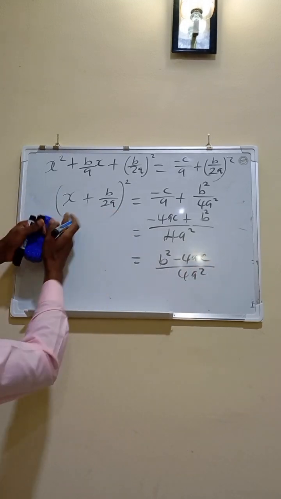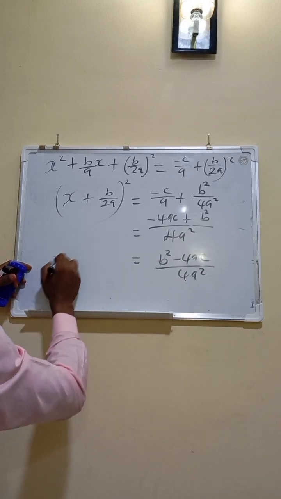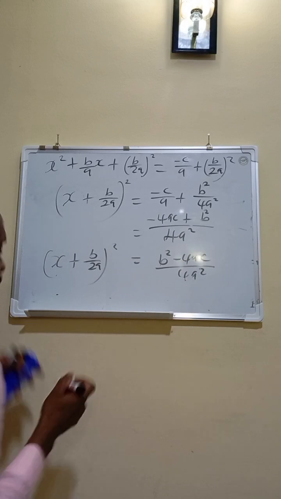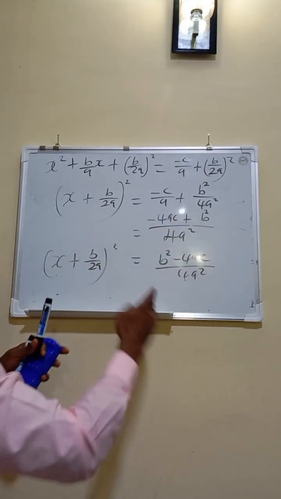Then equate it to what we left in order to expand this. We now have (x plus b over 2a) all squared is equal to this. Then you take the square root of both sides, to remove this square.